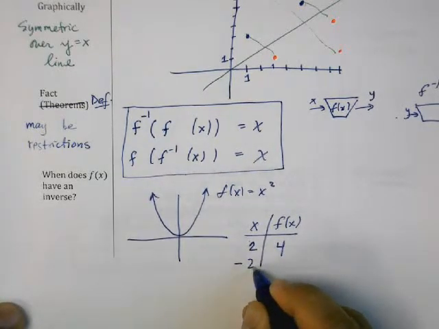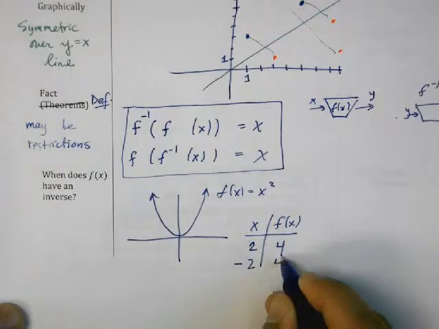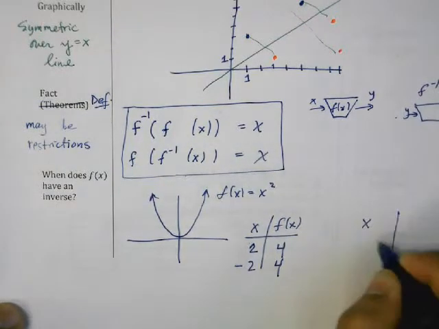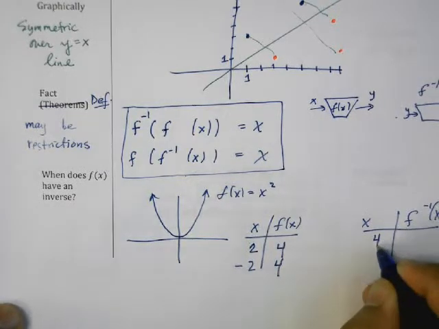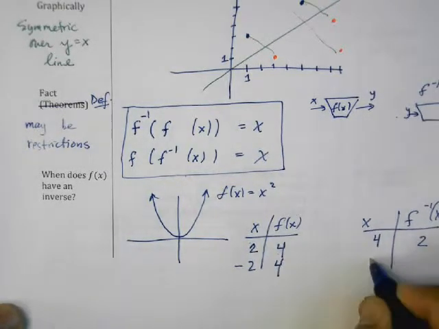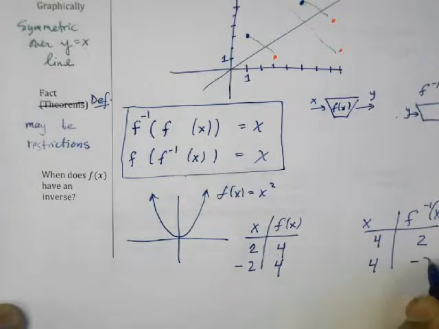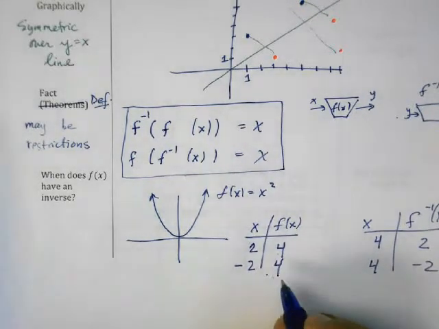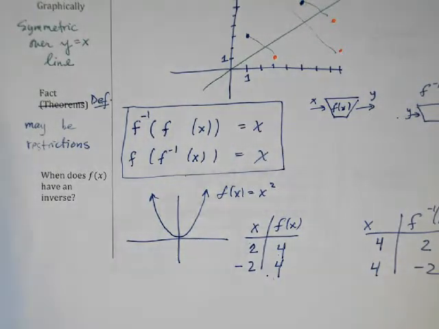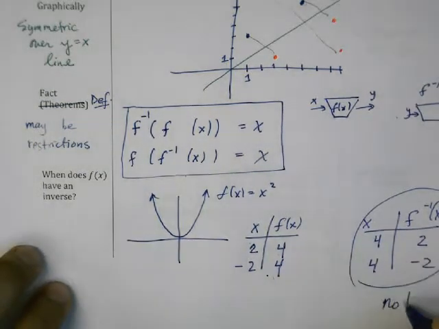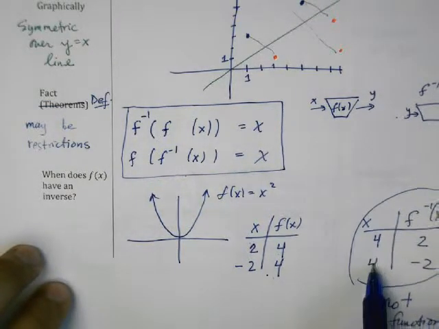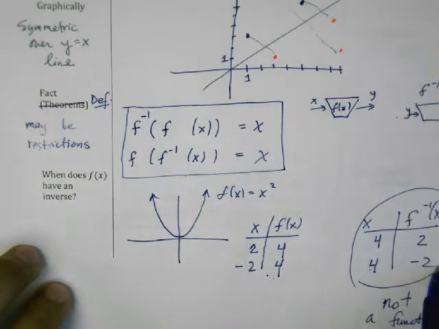If I pass in -2, I would get -2 squared, which is also 4. Now what is the inverse going to look like? If I pass in 4, then I get 2, and if I pass in 4 again, then I also get -2. And this presents a problem because this is not a function, since you have the same input and you're getting 2 different outputs.